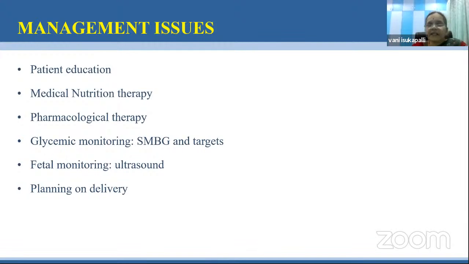The second thing is regarding medical nutritional therapy and any drugs which will be given, the importance of very periodic glycemic monitoring, and the importance of fetal monitoring and planning of delivery.